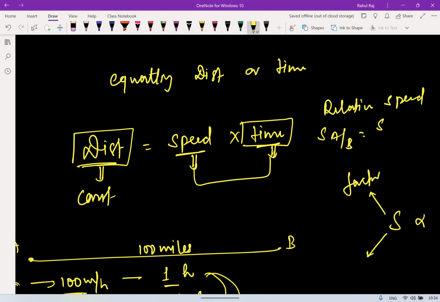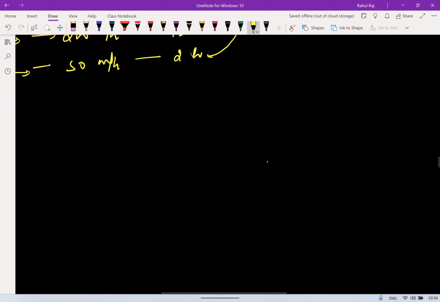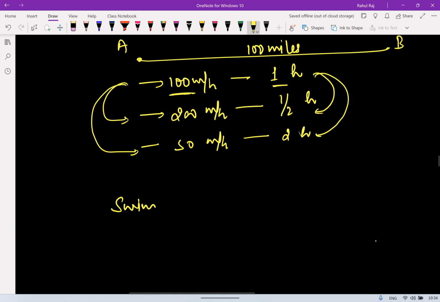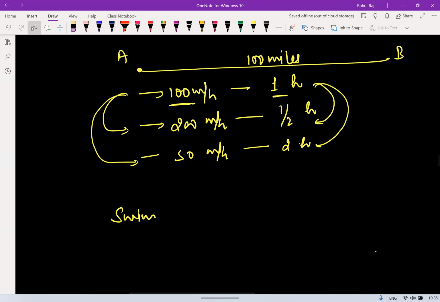Relative speed usually comes in problems where swimming and all are involved, that you are swimming from A to B. Now imagine if you are swimming with the water, so your speed is technically equal to your speed plus water speed. When you are swimming against the water, then your speed is equal to your speed minus the speed of water. So please understand, relative speeds are not asked in the exam.